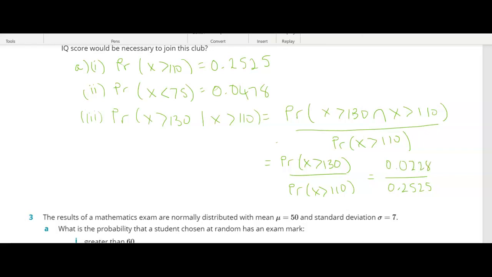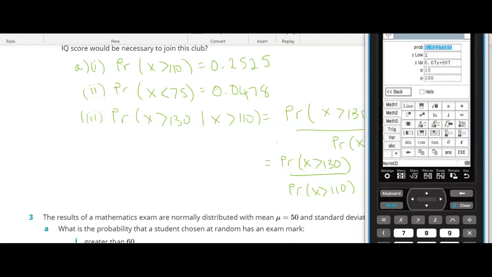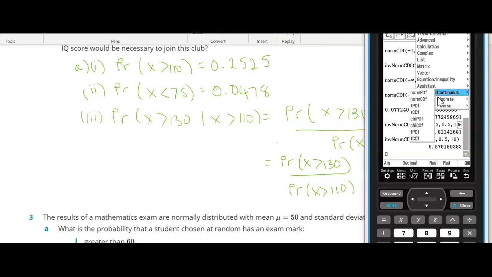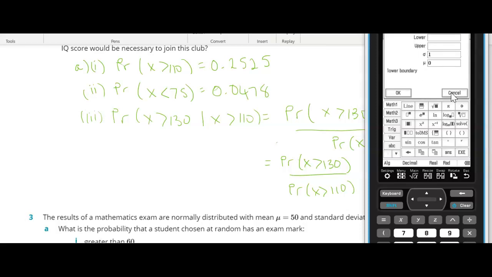I feel like I wrote the wrong number. Did I? No, that's right. So if you wanted to go into the main screen, you can copy and paste, or use the interactive here with normal CDF and do it there as well. It might be easier to drag the numbers from the main screen.